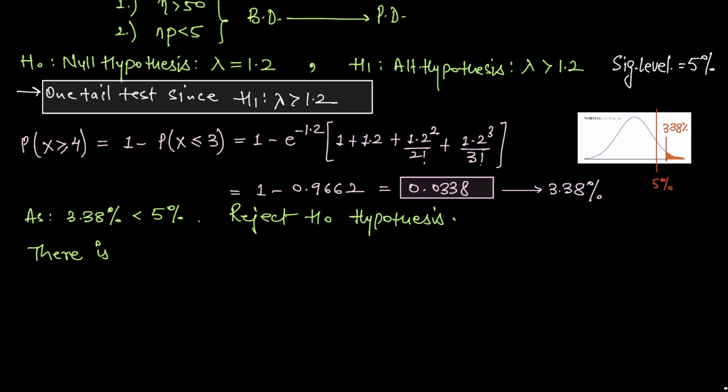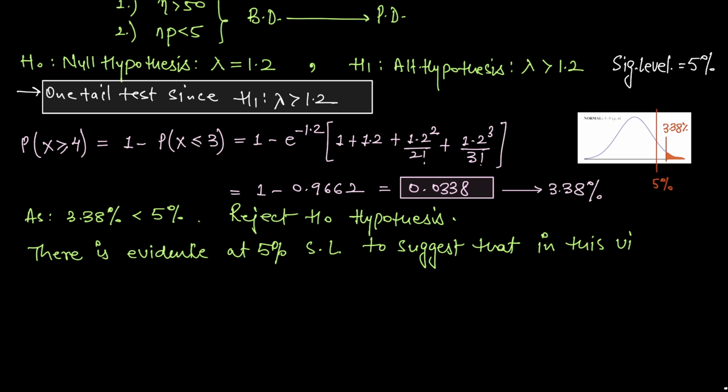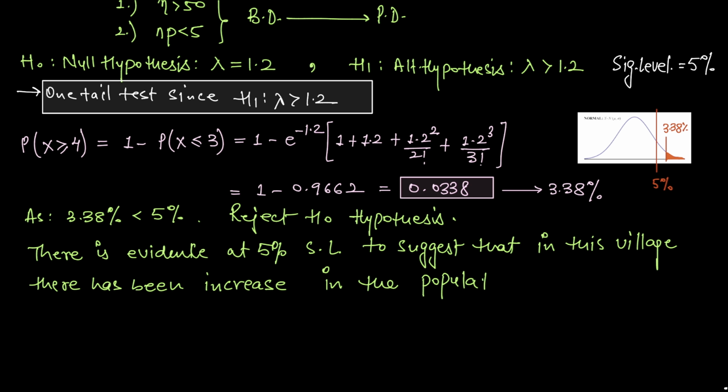So we will write that there is evidence at 5% level of significance to suggest that in this village there has been an increase in the population who react positively to the test for this particular allergy.